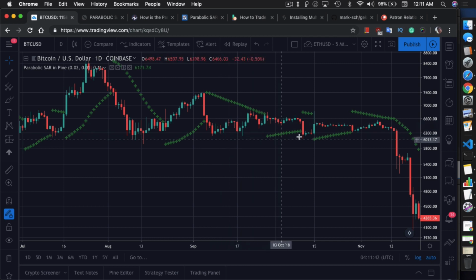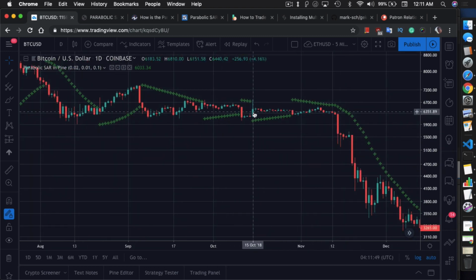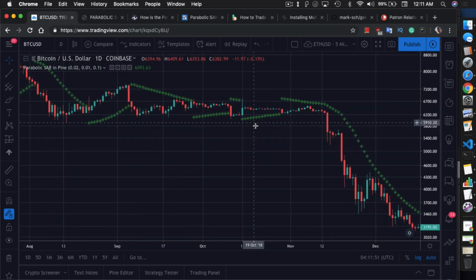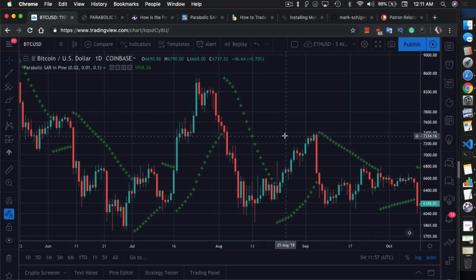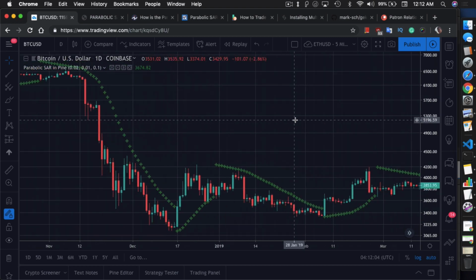You're probably going to lose maybe 5 to 10% from making these flat trades over here. But overall, when you do make wins, you are making roughly 20% at least, and you're missing all that downtrend. So just by following the Parabolic SAR that way, you're already going to be pretty successful, I would say.